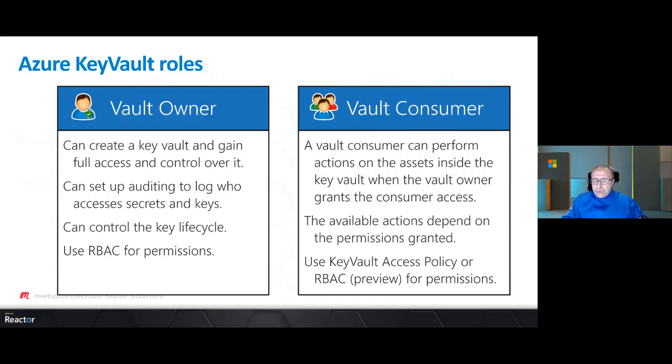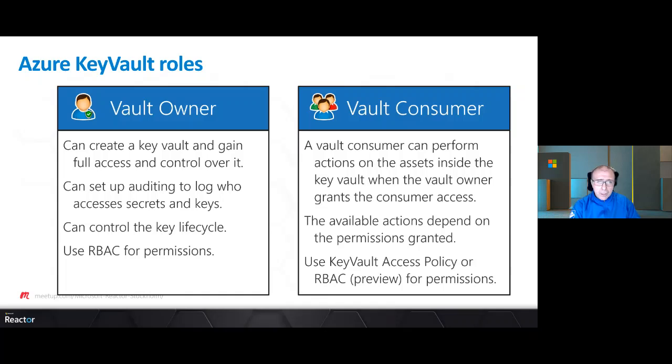We have 2 different interfaces to interact with the Key Vault, because one is for the people that manage the secrets and the keys, and the other one is for the application that reads the secrets.